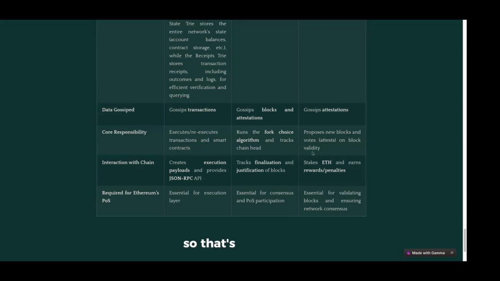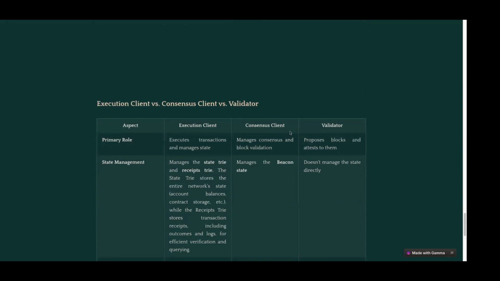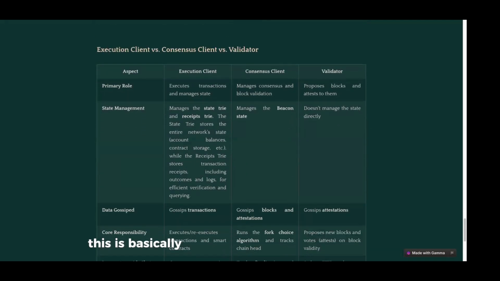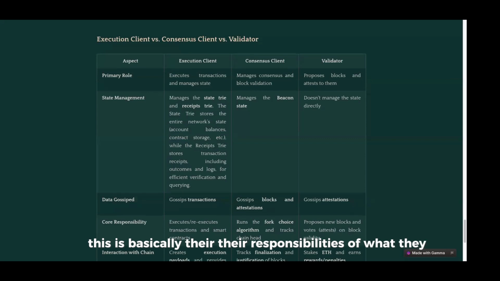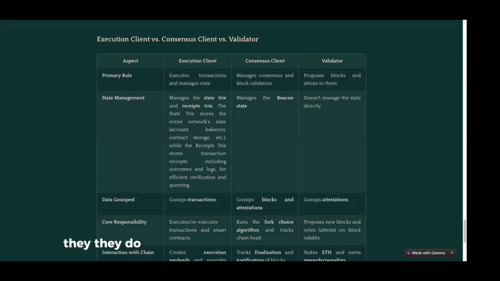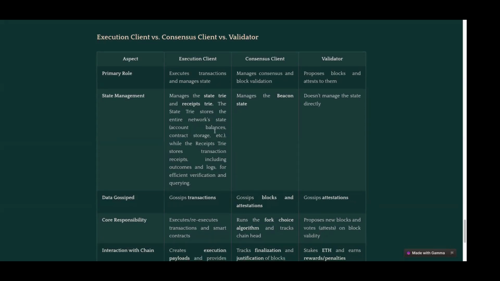So these are basically their responsibilities, what they do, and I believe with this you have more clarity as to why you need all of these clients.